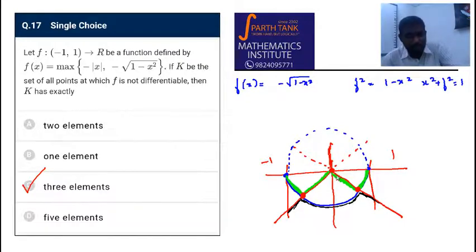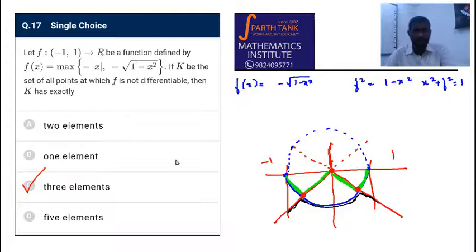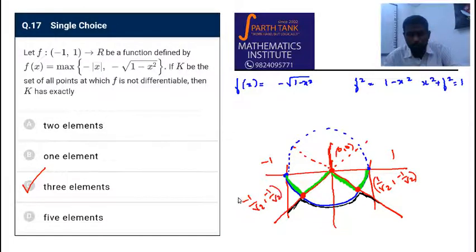The maximum has 3 points. And they are both continuous functions in that domain, no discontinuities at all. So the answer is, there are exactly 3 points. One is the origin. This point is going to be 1 by root 2 comma minus 1 by root 2, and this is going to be minus 1 by root 2 comma minus 1 by root 2.